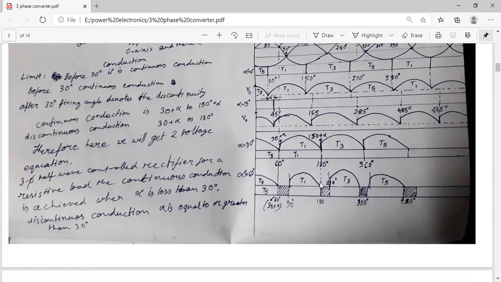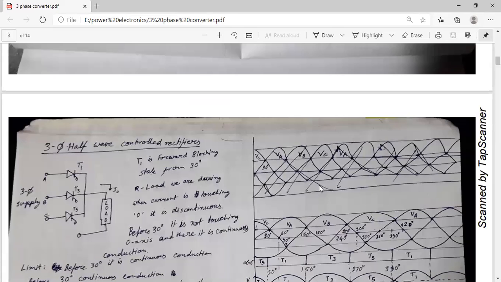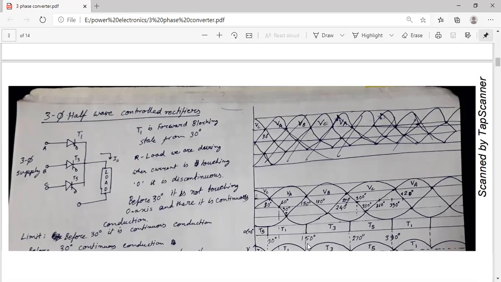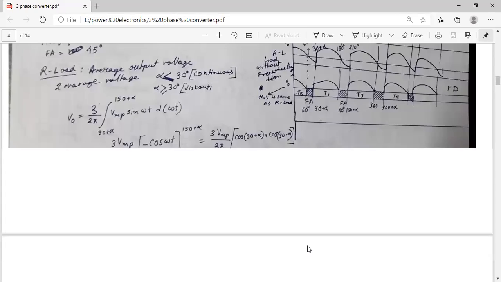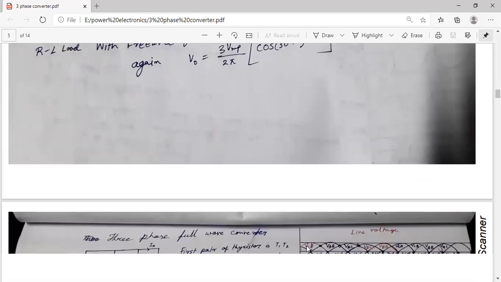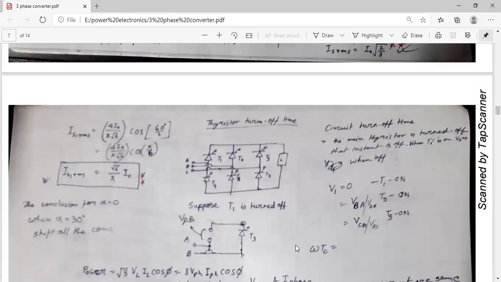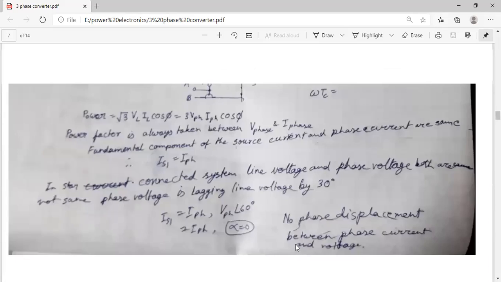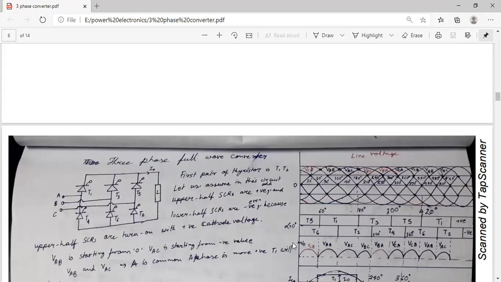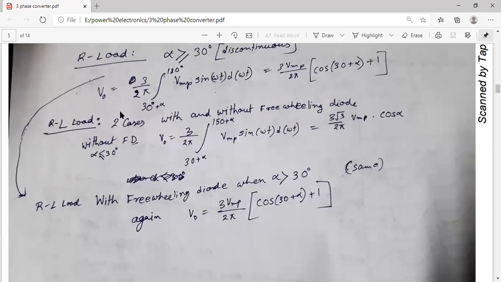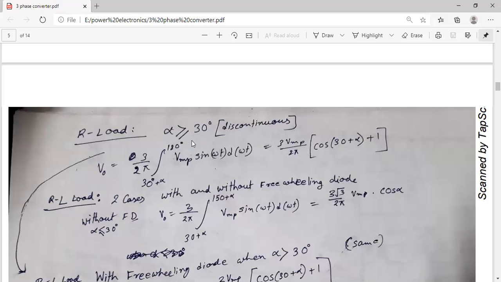After 180 degree it is passing through the negative half cycle, and the negative half cycle is not allowed for our load, so it is discontinuous after that. So we will not consider those portions, and the conduction period we will consider from 30 degree plus alpha to 180 degree, and from that we'll get this value of average voltage. Okay, this is for R load, for two cases.